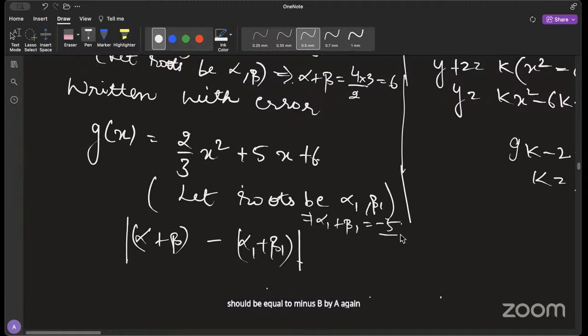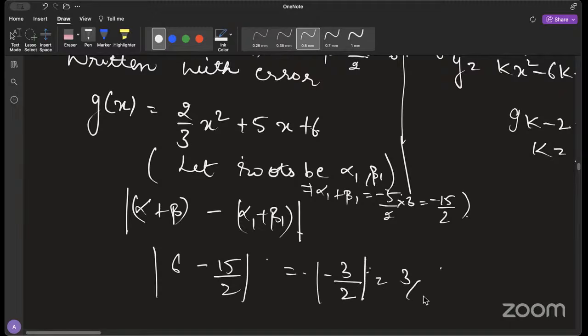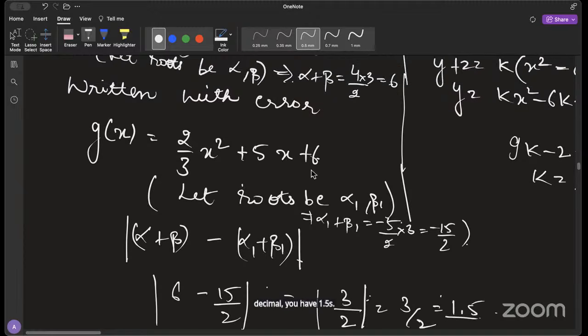So 5, that will be 15 by 2, on the negative side. So one you have 6 and the other one you have 15 by 2. So it should be 12 minus 15, 1.5. This is just 3 by 2, or in decimal, you have 1.5. Is this okay?